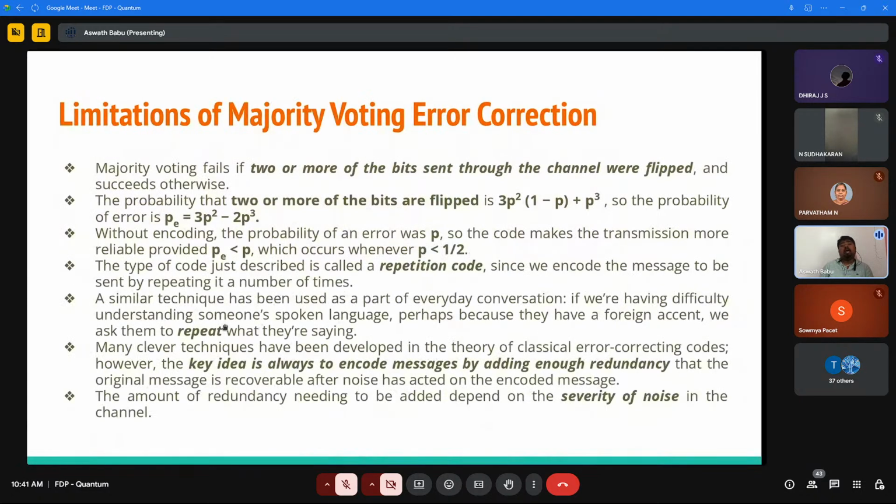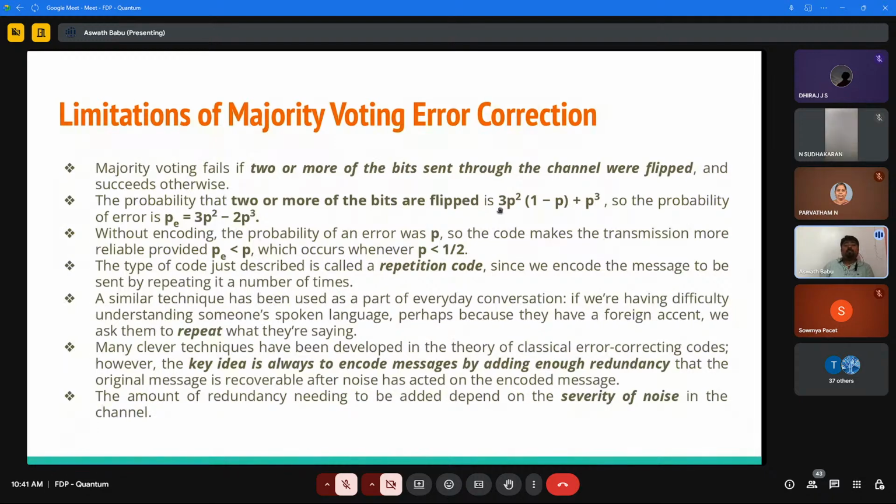Now, what are the limitations of majority voting error correction? Let's say P is the probability with which a bit is flipping. If two bits are flipped and the remaining bit remains intact, I might go to a completely wrong conclusion.